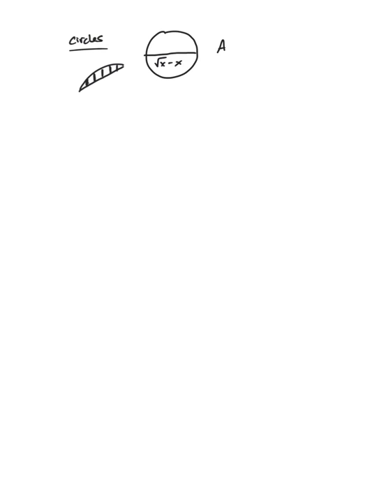Okay, but the area of a circle is pi r squared. So if you think about it, since the radius is half of the diameter, your radius would be (square root of x minus x) over 2.